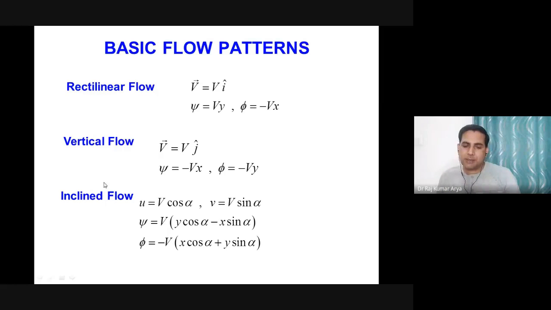So another flow pattern is that you may have some angle of inclination. The x velocity component can be calculated from v: if v is this side, with alpha with the horizontal, u is v cos alpha and v is v sin alpha. So you can calculate again your psi and phi.